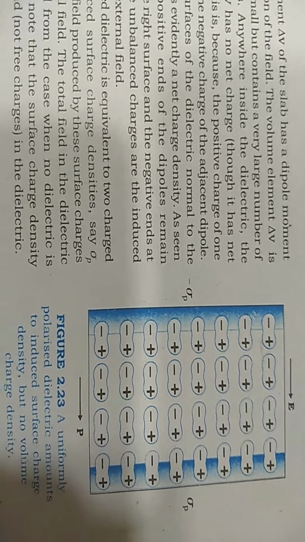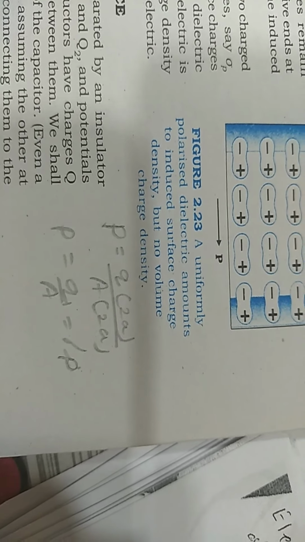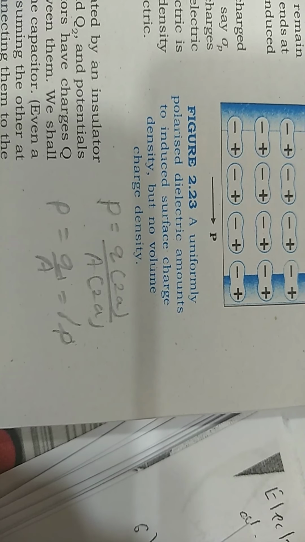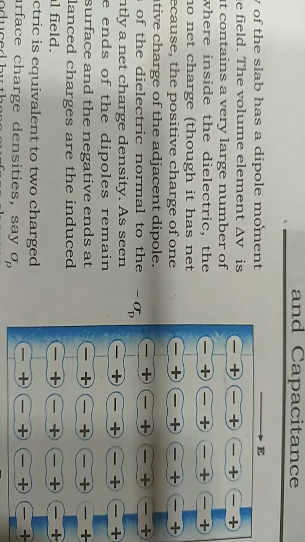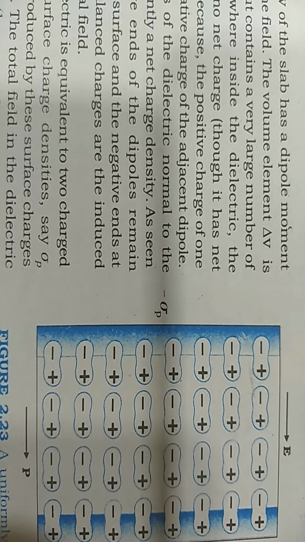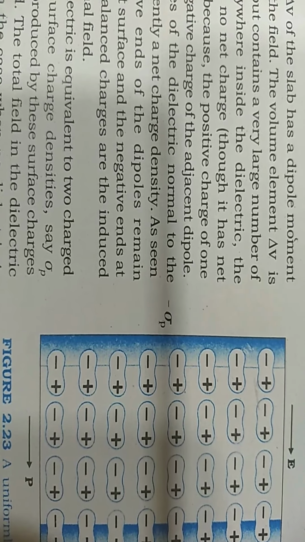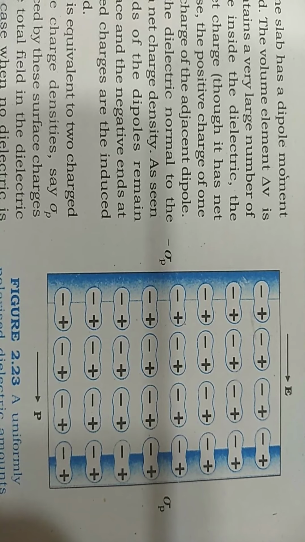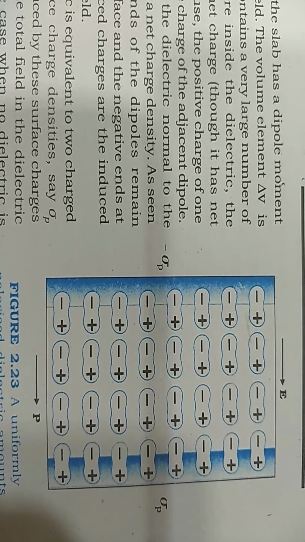Dipole moment Q into 2A, volume A into 2A, 2A got cancelled, polarization is Q by A. Q by A is surface charge density, the induction of charges on the surface. We understand one thing: this surface charge density plus and minus sigma P is induced.